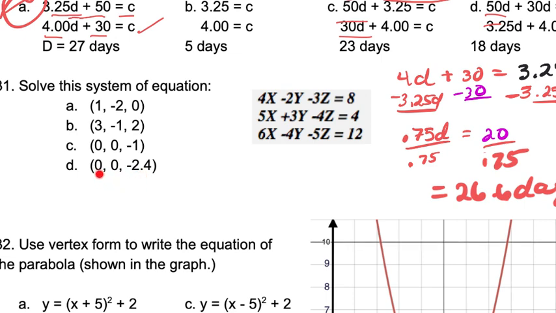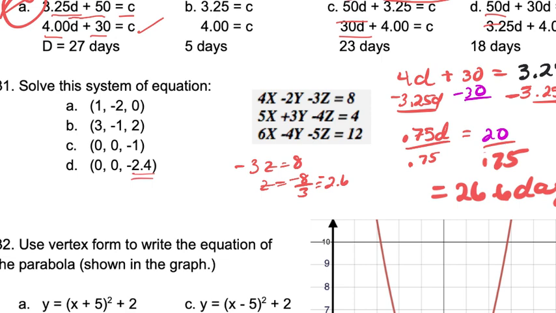So 4 times 0, 2 times 0, negative 2 times 0, whatever. Those two would just disappear because of these two zeros. So negative 3z equals 8 would be the result. So z equals negative 8/3. See, that's 2.6 something, negative 2. It doesn't give you 2.4.